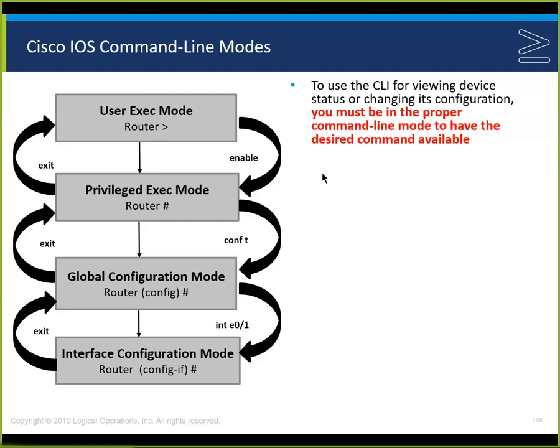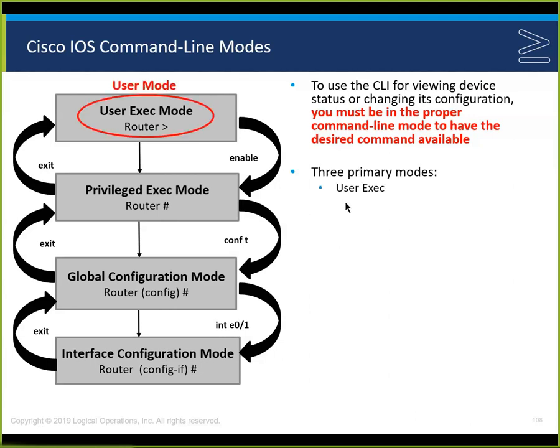To use the CLI for viewing the status or changing its configuration, we have to be in the proper command line mode. And different commands are going to be available in the different modes here. And I'm going to show you in a minute how to figure out what's going to be there.